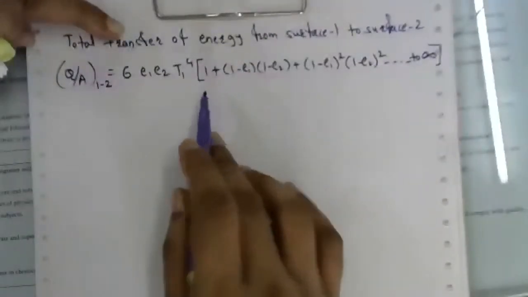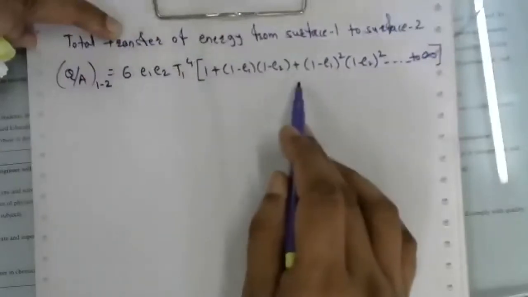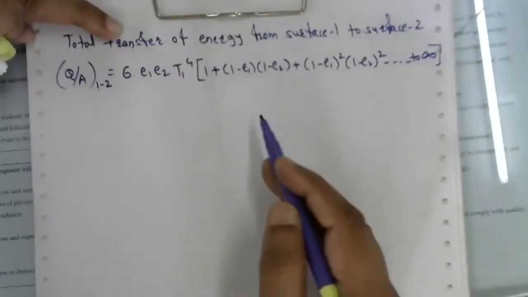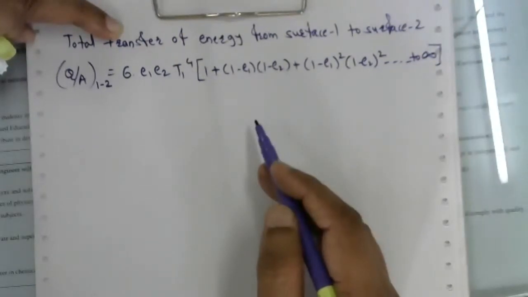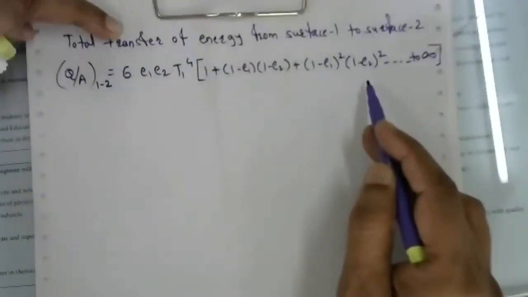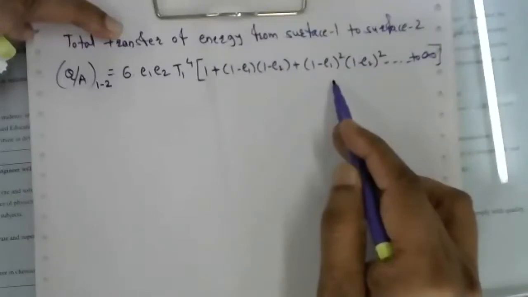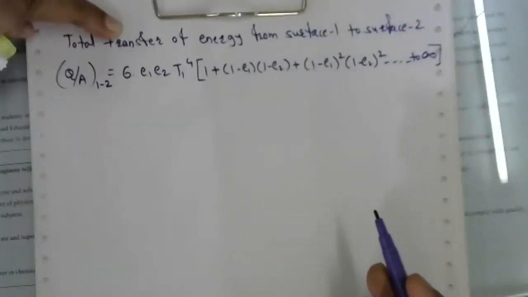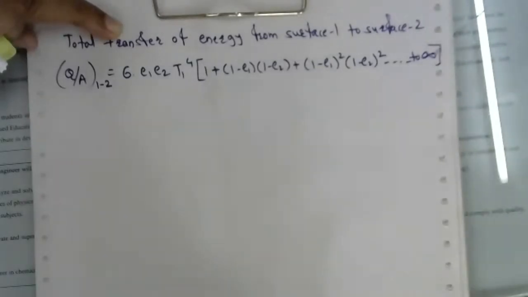So we have learned about this (1 minus E1)(1 minus E2) factor. If we go on adding this equation in a continuous manner for completing the cycle from surface 1 to surface 2, these factors are added. So in the next cycle (1 minus E1) square (1 minus E2) square, in the next cycle (1 minus E1) cube (1 minus E2) cube, and like that.